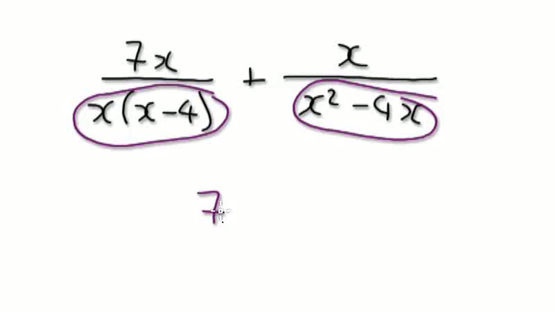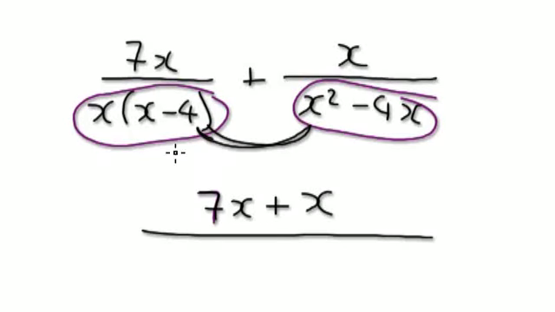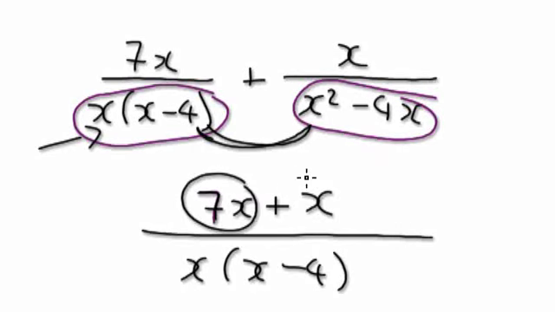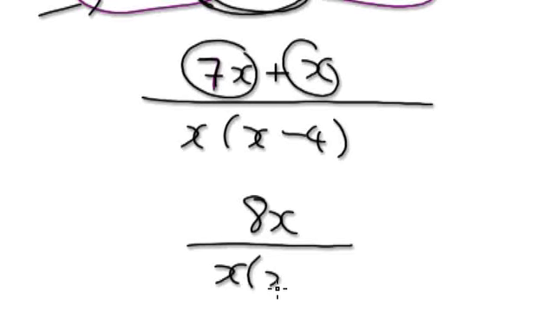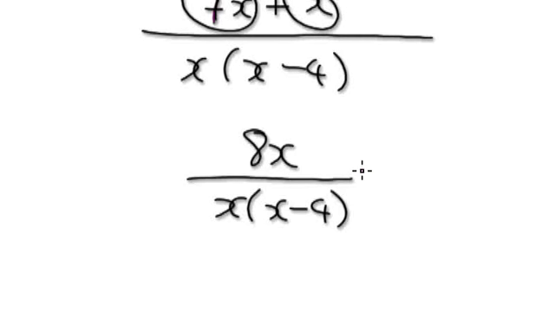So here it would be 7x plus x over, now I can choose any one of these two, so I'm just going to choose this one here, x minus 4, and then here you can merge these two together, so that becomes 8x over x times x minus 4, and then now divide top and bottom by x.